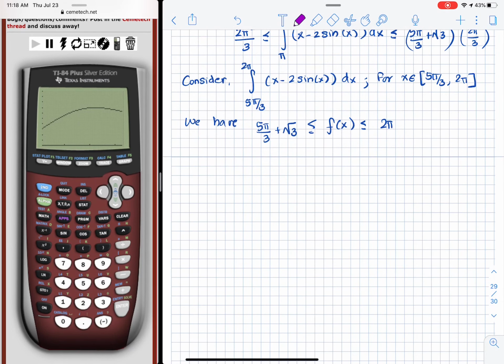So that would become our lowercase m, and that would be uppercase m.